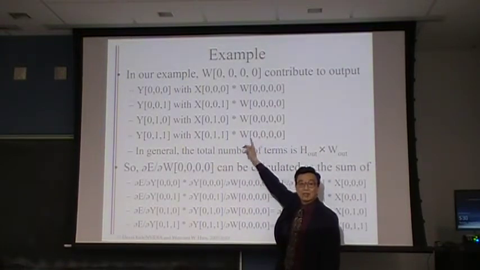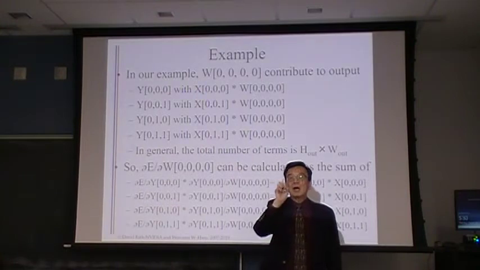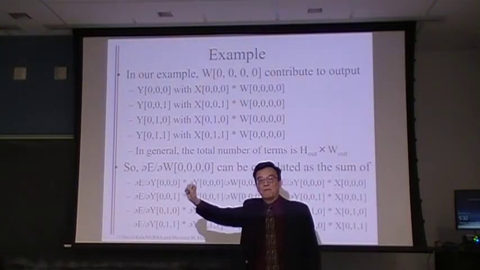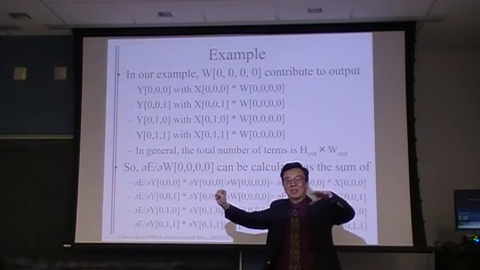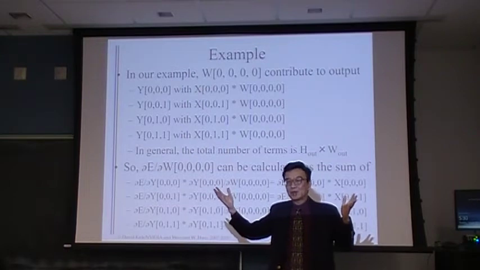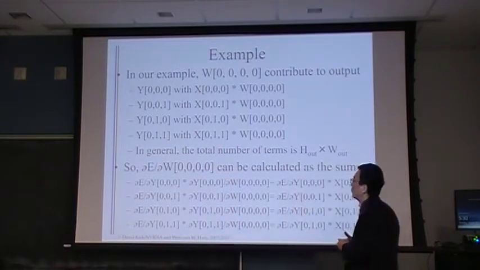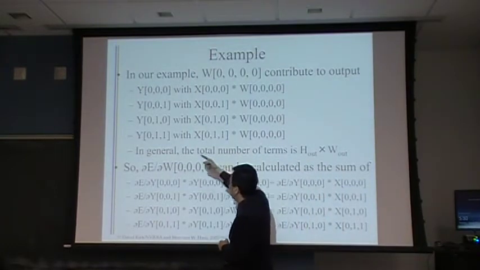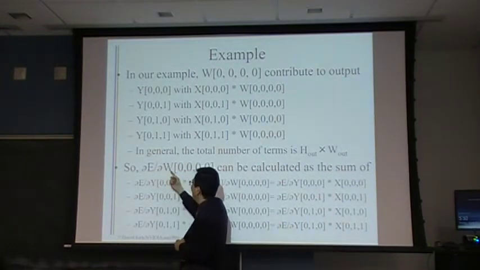And it's really telling us how that W0 value is influencing the Y values through multiplication with all the X values in those convolution processes. Does that make sense? So this convolution process can be used to calculate delta E, delta W this way.